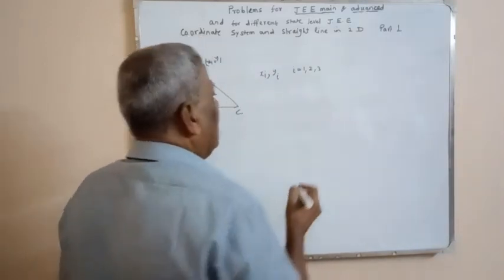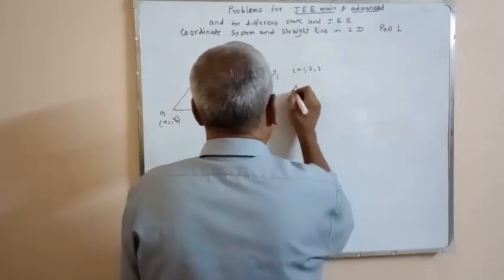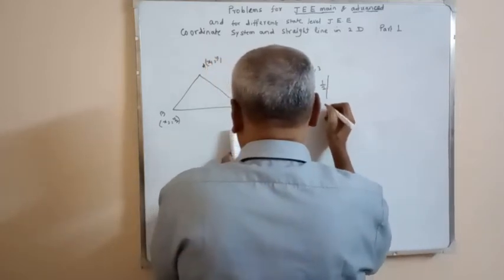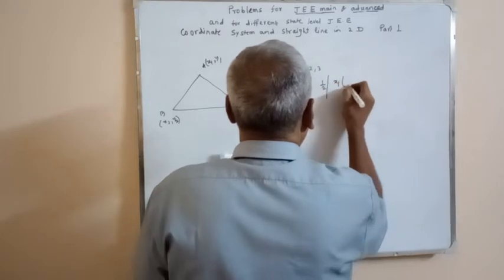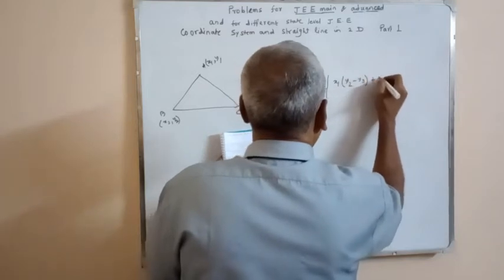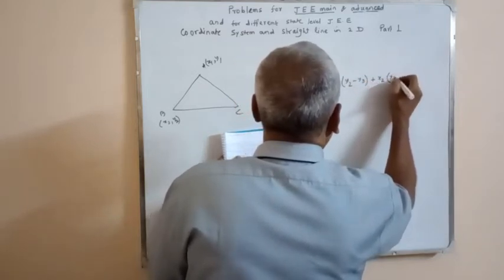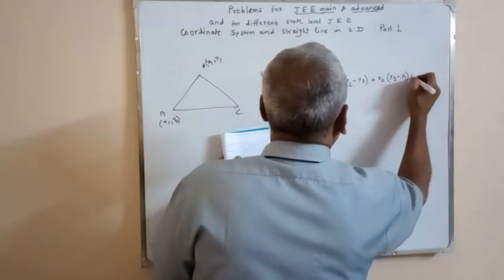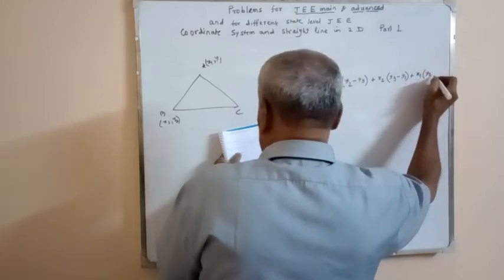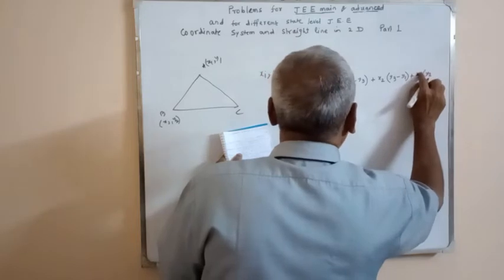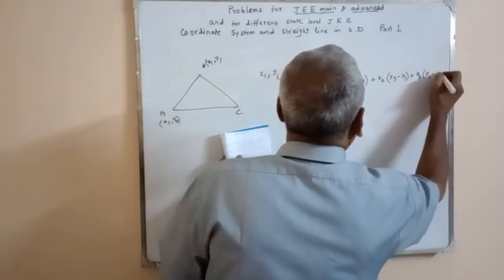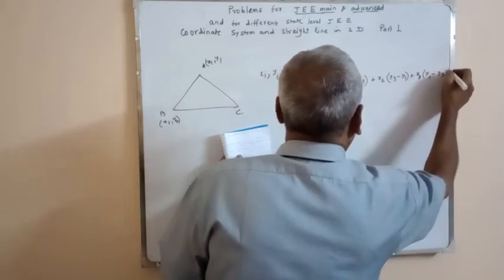Then the area of the triangle, normally denoted by delta, is half the modulus of x1 into y2 minus y3 plus x2 into y3 minus y1 plus x3 into y1 minus y2, and closed.